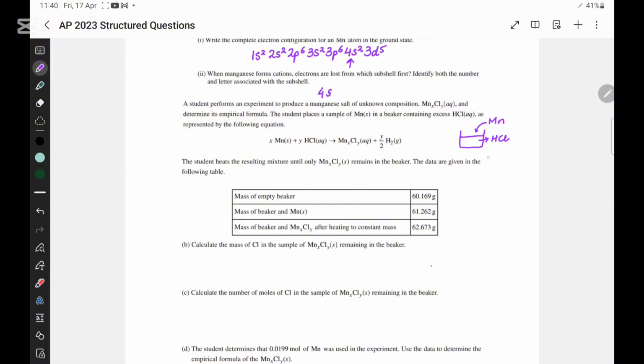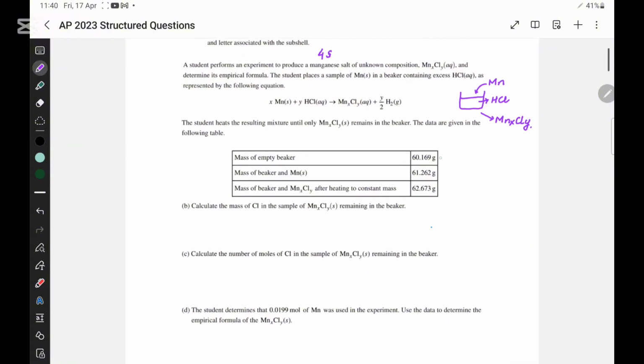After adding manganese, it is going to form MnXCl. So this was the mass of the empty beaker, this was the mass of beaker and Mn solid, and the mass of beaker and MnXCl after heating to constant mass.